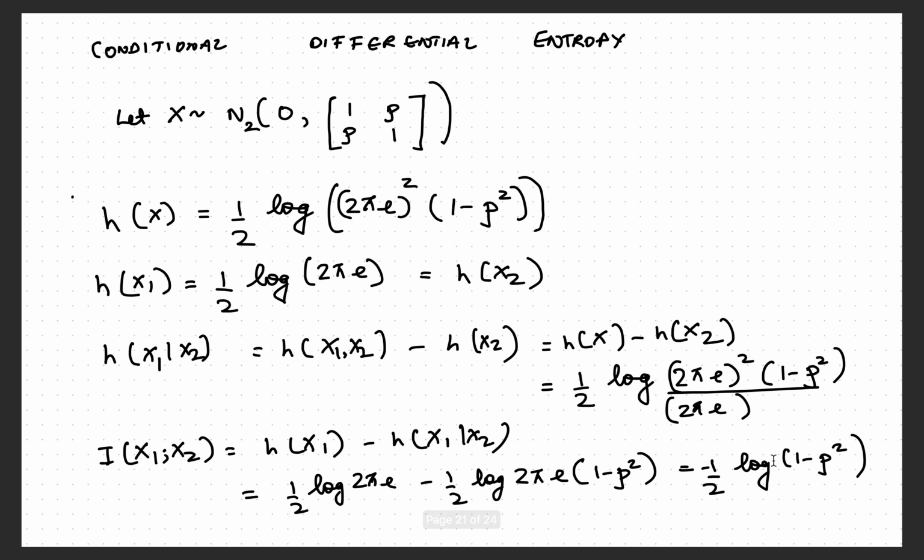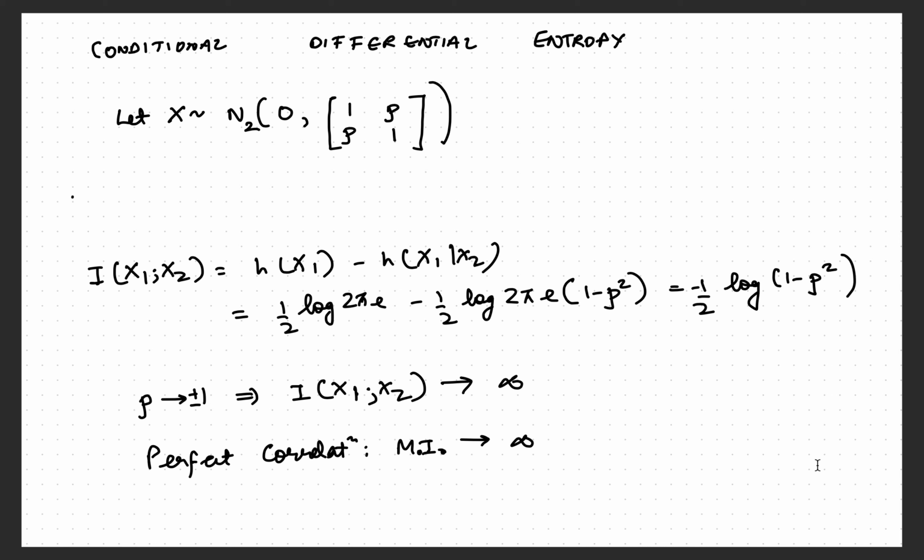Thus, minus 1 by 2 logarithm of 0 would tend towards infinity. Thus, what this is suggesting is that if the variables are perfectly correlated, then the mutual information between these two, or the information that you can acquire about one of the variables having some knowledge about the other variable, is perfect. It's infinite.